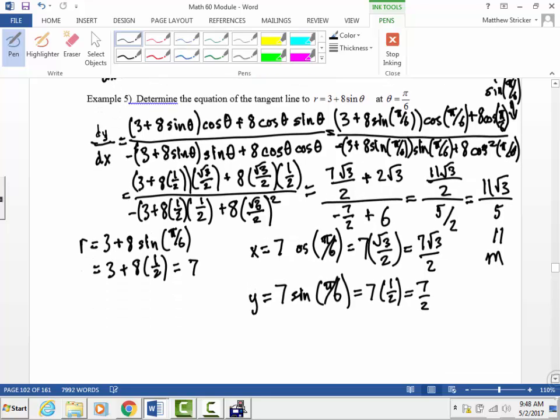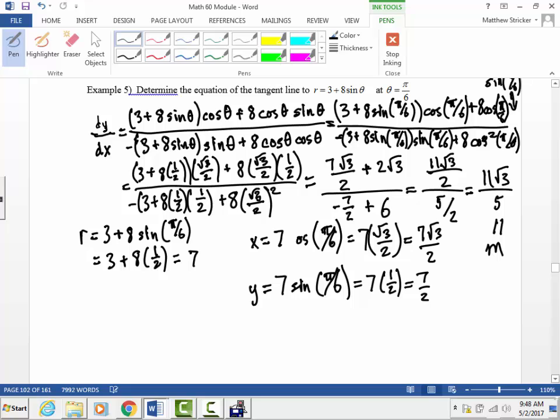This is actually a case where I like to use point slope form, because I have y minus 7 halves is equal to 11 root 3 over 5 times x minus 7 root 3 over 2.